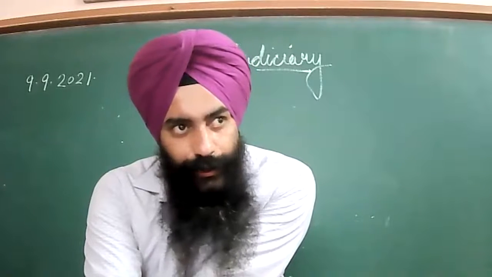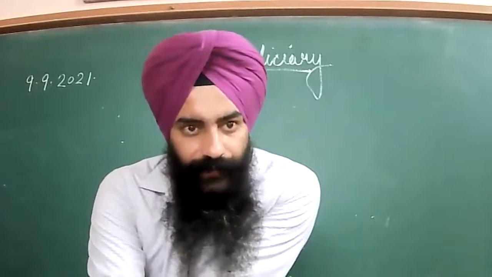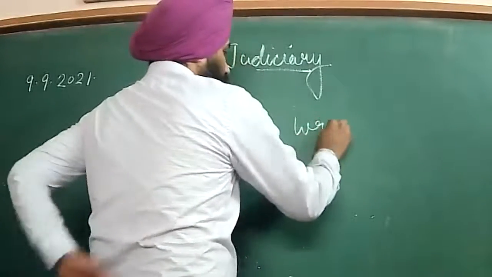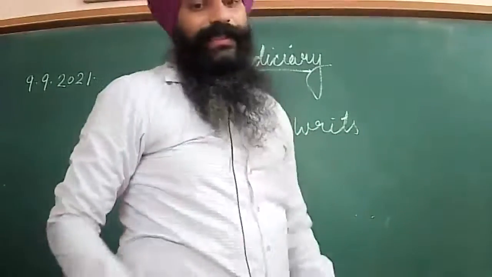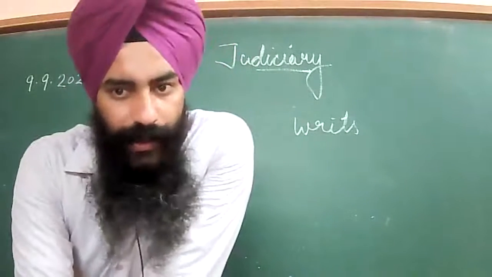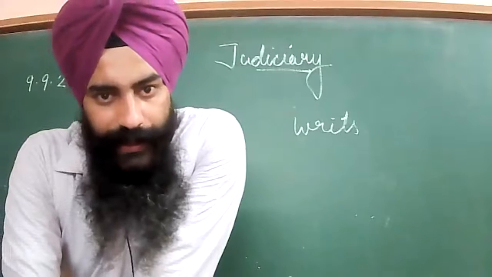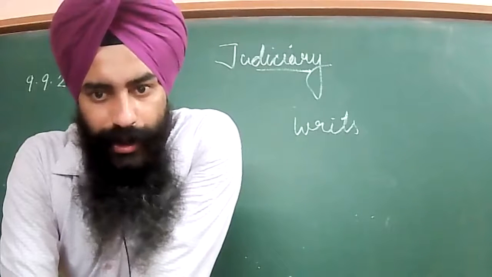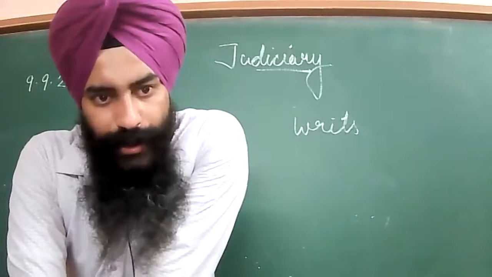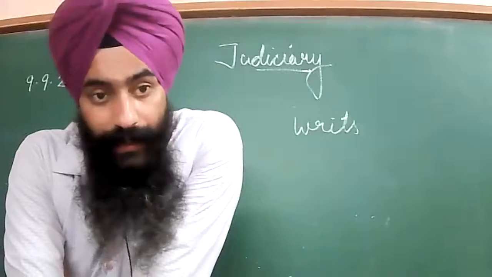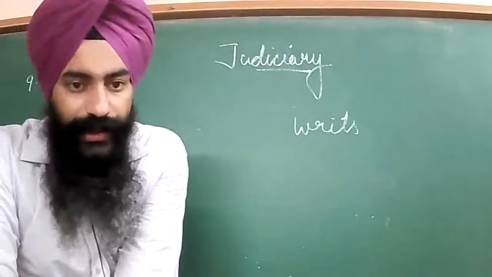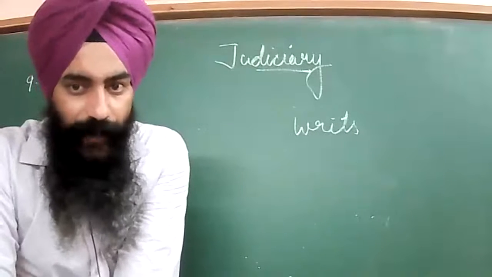Next, the judiciary issues writs. What are writs? Writs are orders. The Supreme Court issues orders against the functioning of those organizations which violate the rights of individuals.